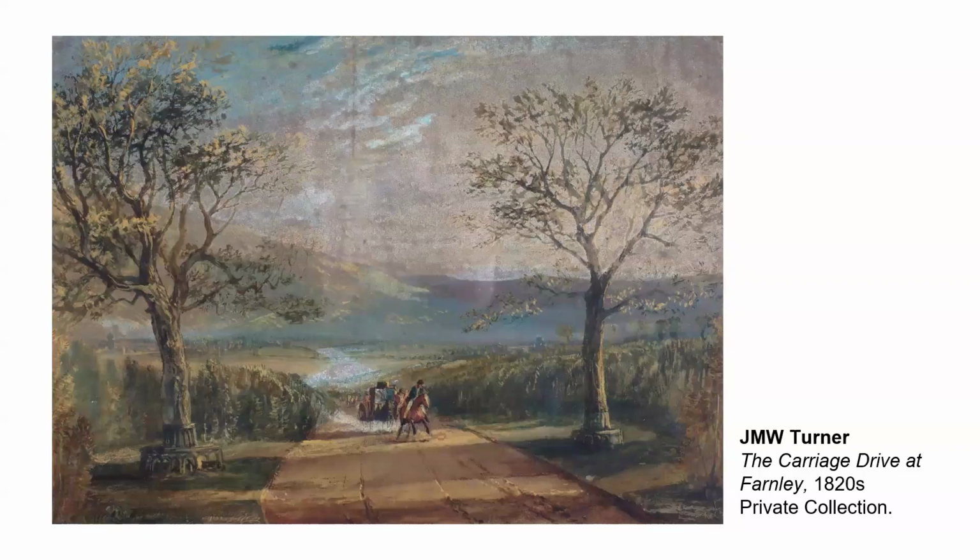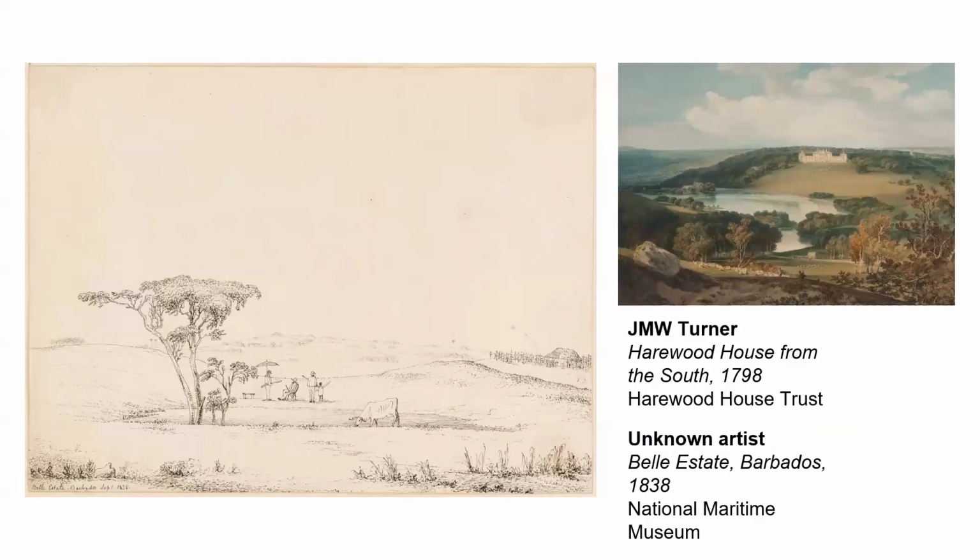So moving on from domestic landscapes, here is where I want to segue into thinking about the global country house landscape. So just as the picturesque altered how people in Britain viewed the land close to home, it also influenced how colonised spaces were depicted by artists, mapmakers, settlers, travellers.